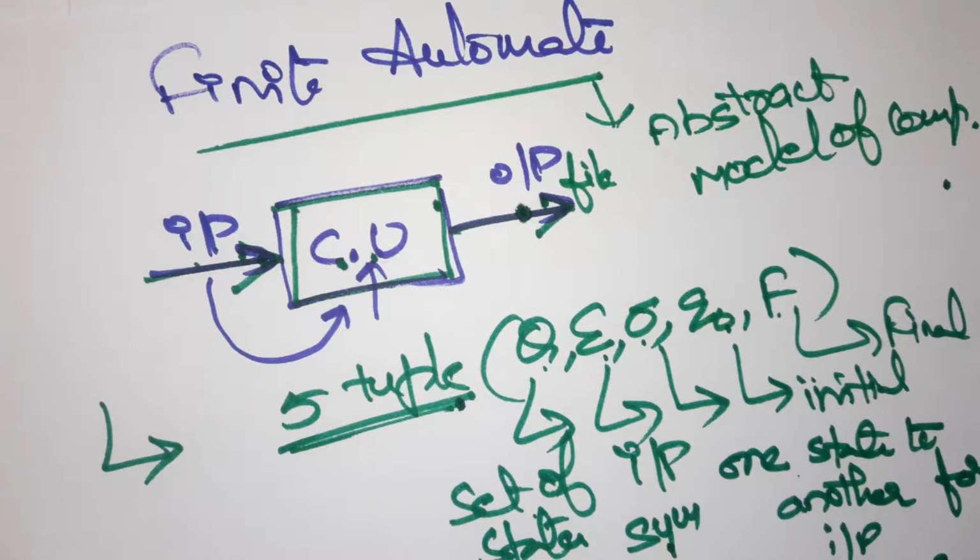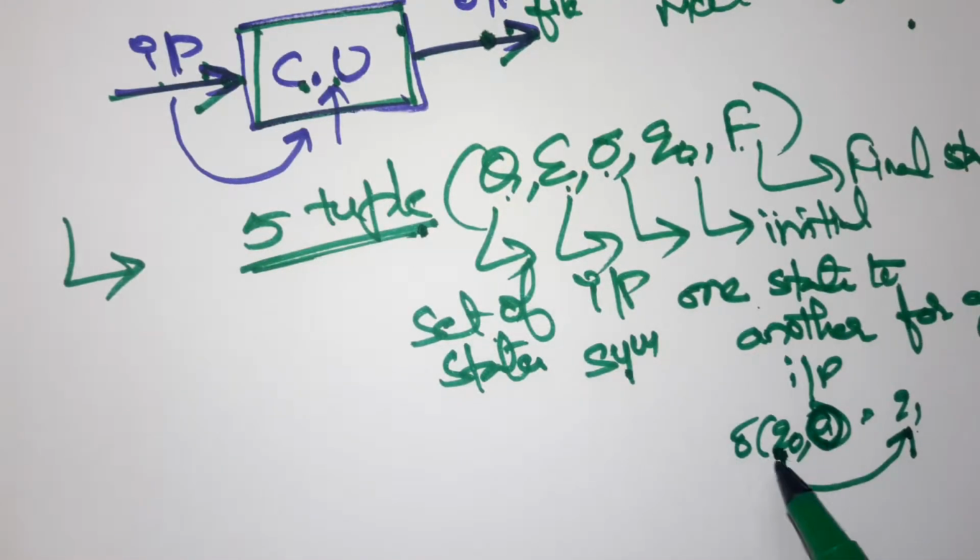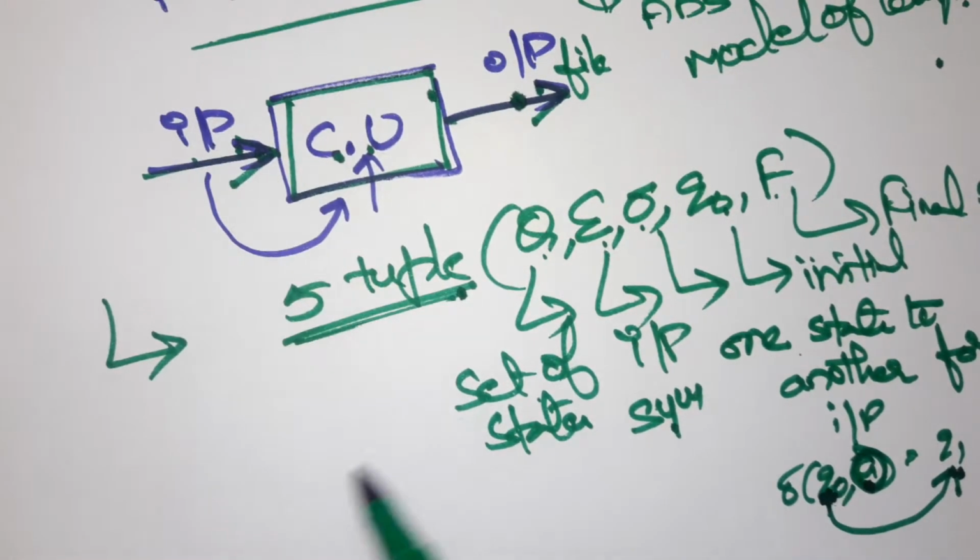By taking the input symbol on the state, it generates a state. Q naught is the initial state, F is the final state. Like this, the transition function gives one state to another state for a given input. So this is nothing but a finite automata.